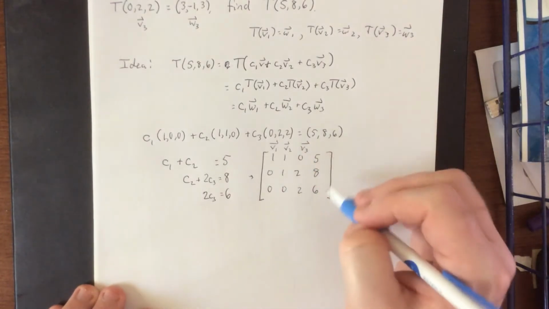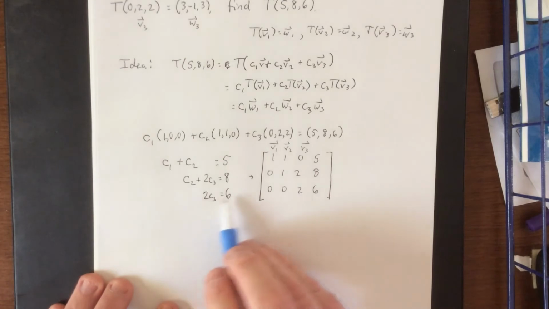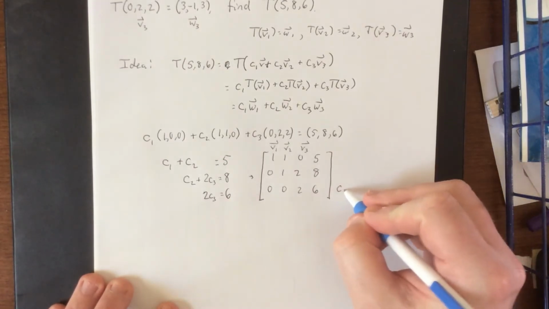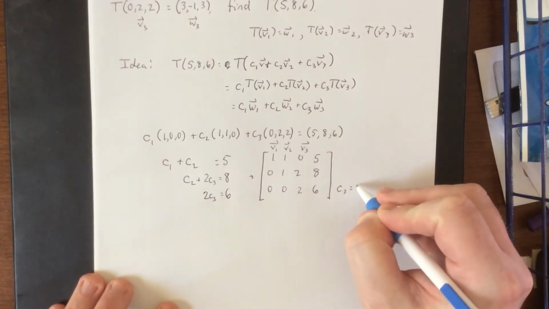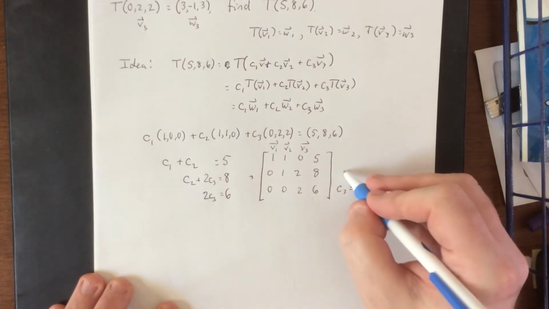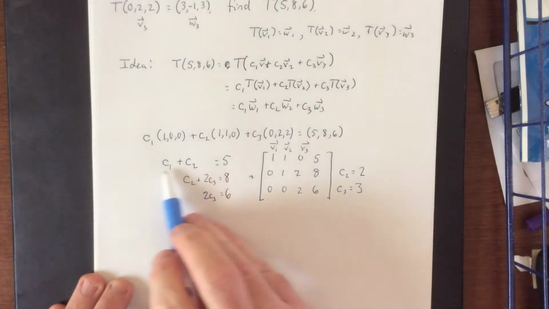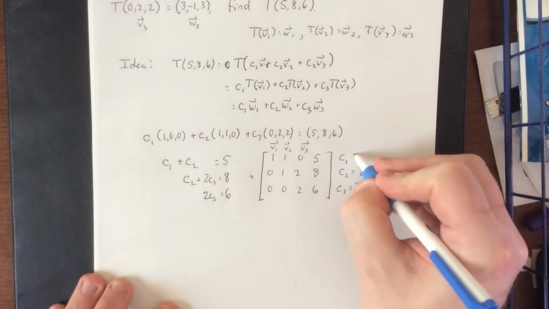Then what we're setting it equal to, that is going to be our augment. Well, I'm pretty sure that I'm going to be able to solve this without the use of reduced row echelon form. This last equation here implies to me that C3 is equal to 3. And if we plug that into this equation and solve for C2, we'll get C2 is equal to 2. If I plug that into the first equation and solve for C1, that'll give me C1 is equal to 3.